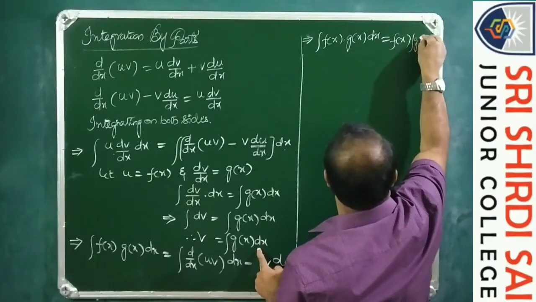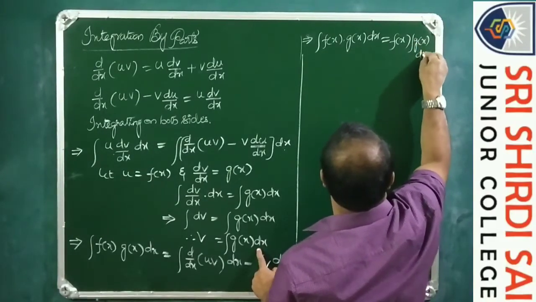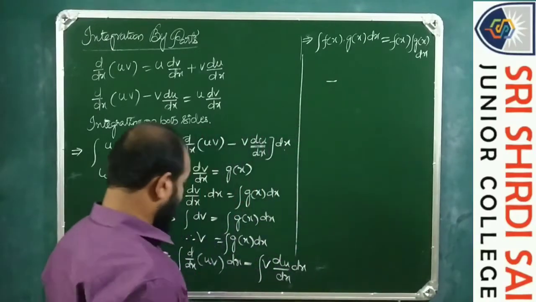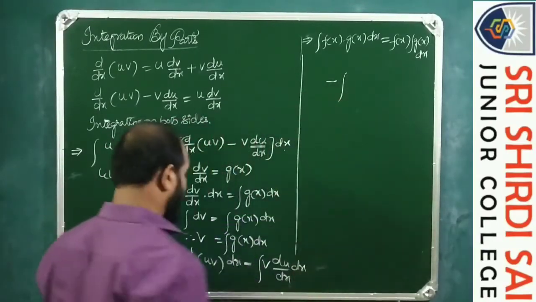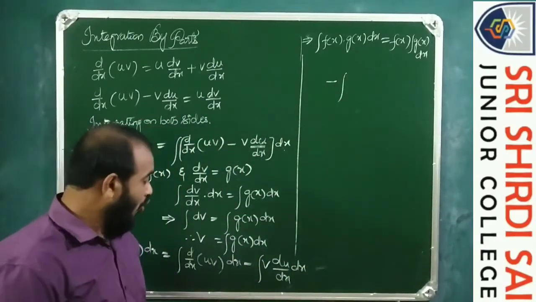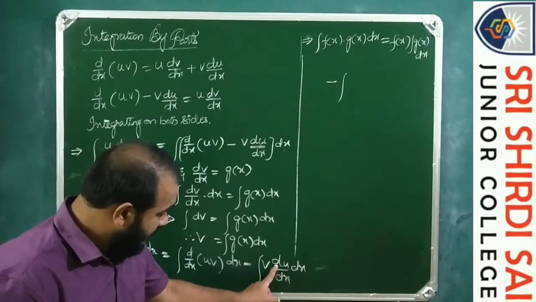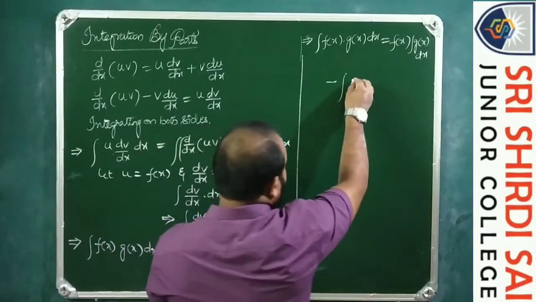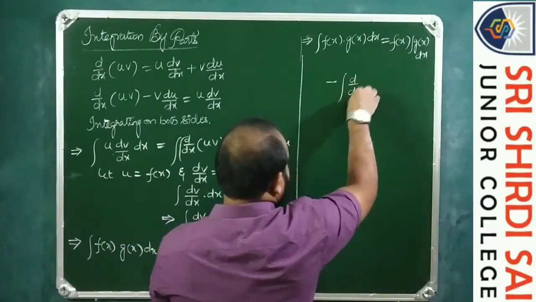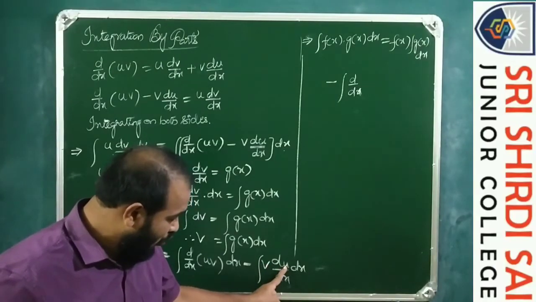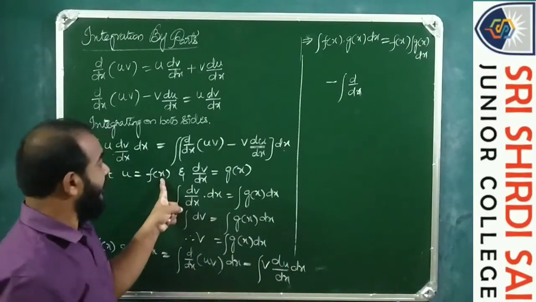So this is the integral of g of x dx, minus the integral of, so here du by dx is d by dx of u, and u is equal to f of x.